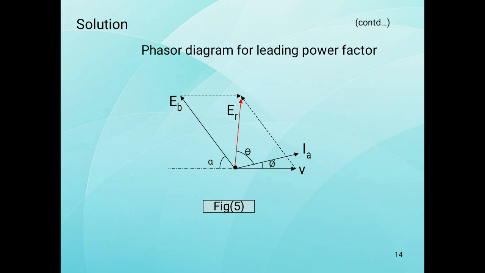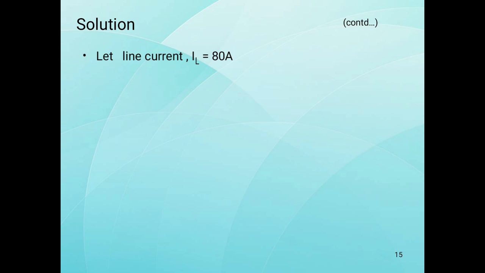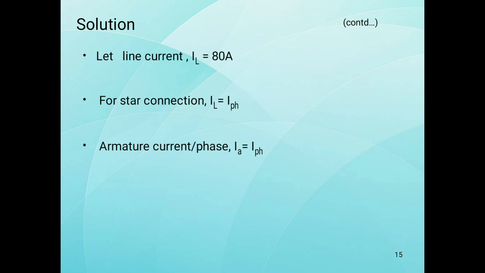Now the line current IL is equal to 80 amps, and in star connection the phase current is equal to the line current. The armature current per phase IA is equal to the phase current, which is nothing but the line current in star connected.